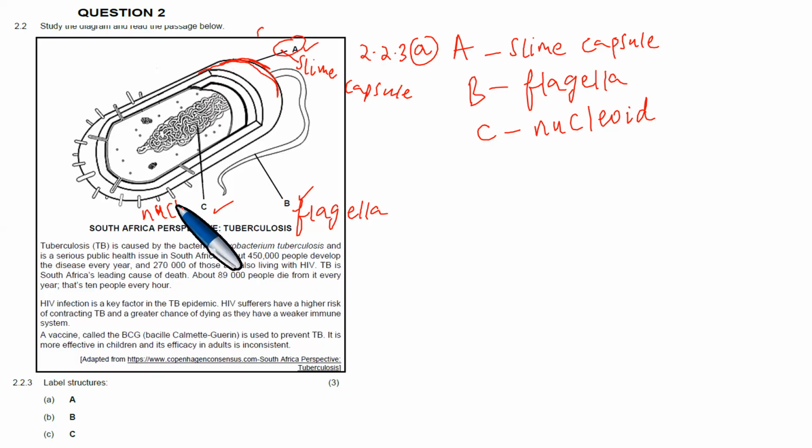We call that the DNA of the bacterium. So those labels are extremely important. Okay, we continue.